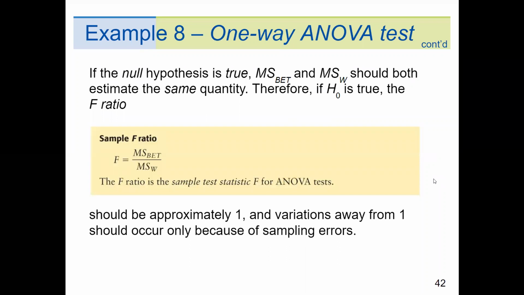If the null hypothesis is true, then mean squares between and mean squares within should both estimate the same quantity. Therefore, if the null hypothesis is true, the F ratio, the sample statistic F for the ANOVA test, should be approximately 1, and variations away from 1 should only occur because of sampling errors.